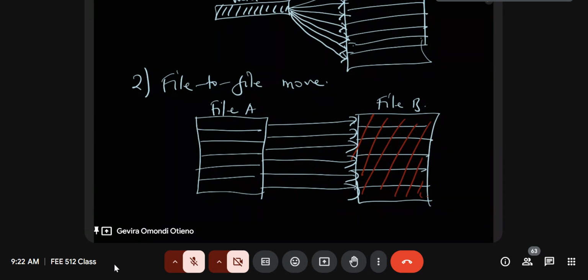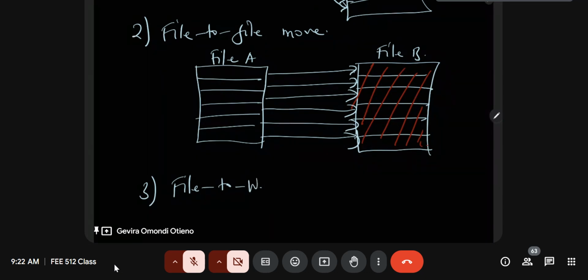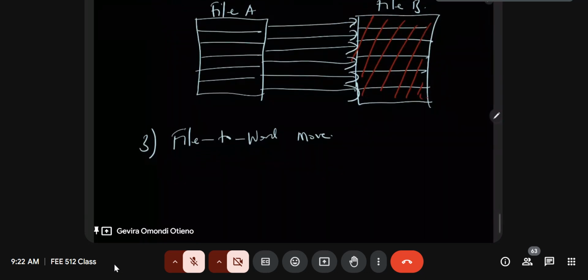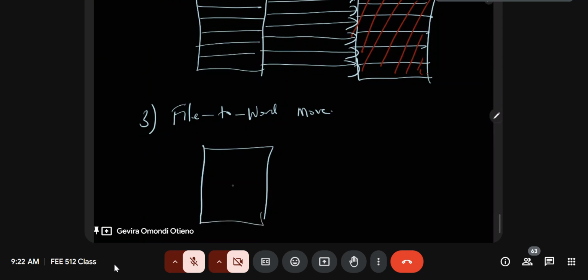We can also have a file to word move. Okay. So the other type is a file to word move. So you have a table, which is a file. I'm using those words interchangeably so that you don't forget.